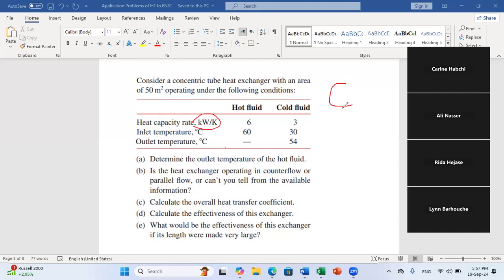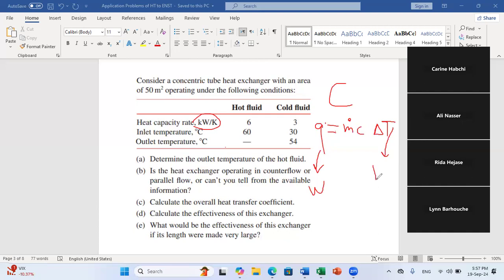Because look, we know that Q is m dot, small m dot, times small c, times delta T. So if you do unit analysis, you have the heat rate in watt, and you have delta T in Kelvin.